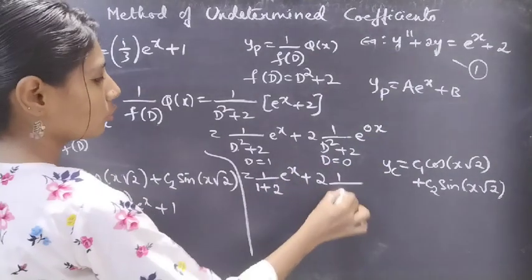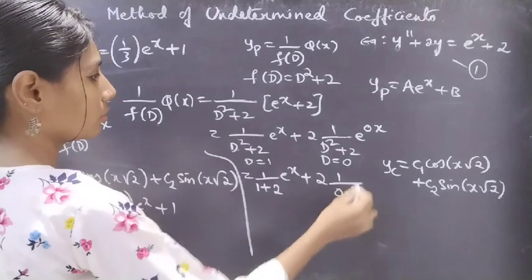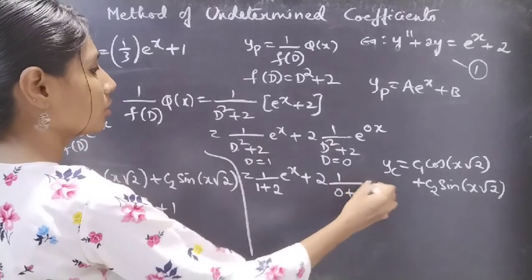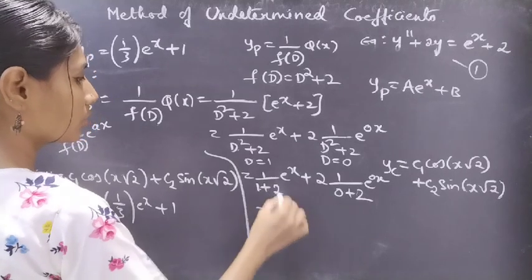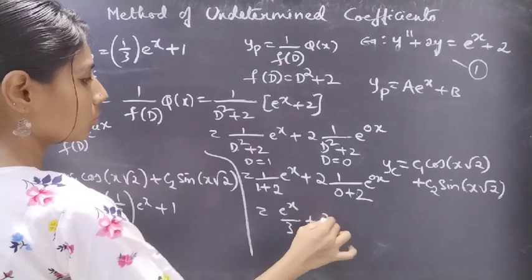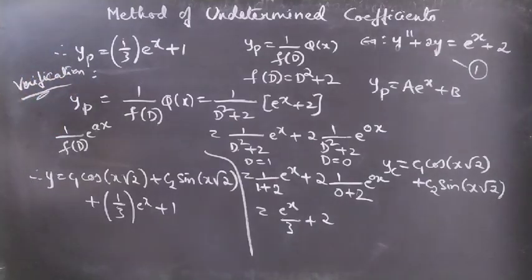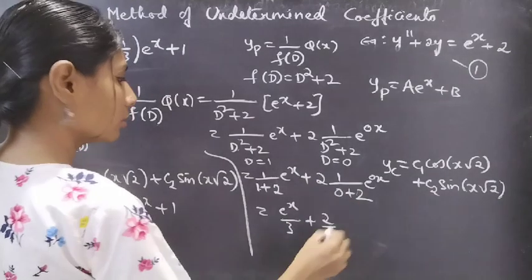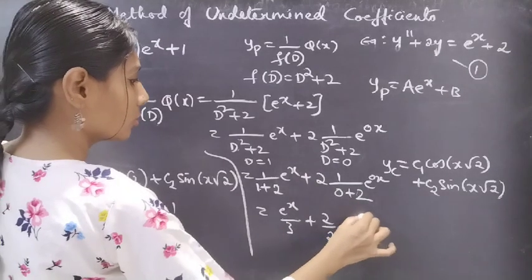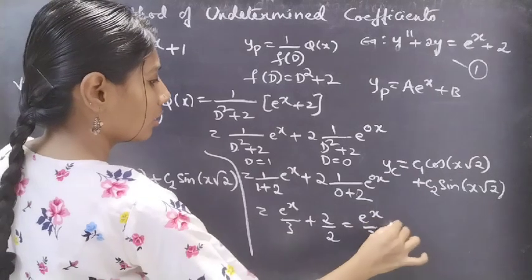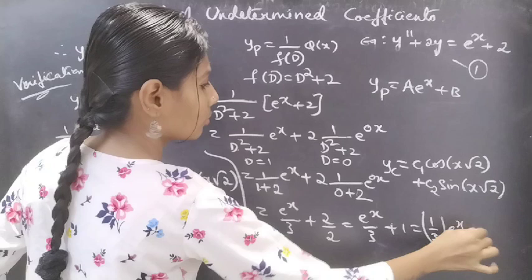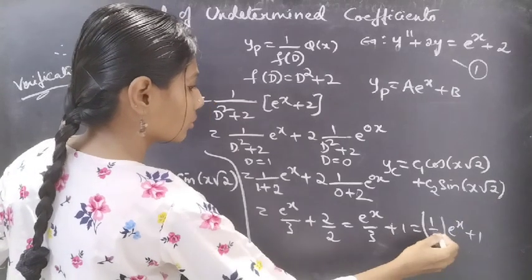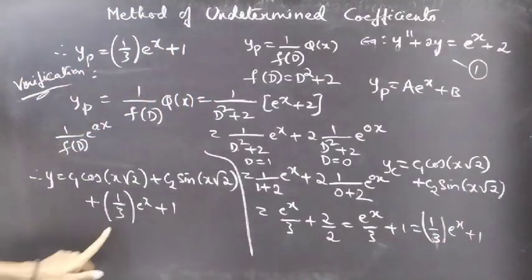We'll get 0 plus 2, it's 2, right? So 2 into e power 0x, which gives us e power x by 3 plus 2 into e power 0x, where e power 0x is 1, which gives us e power x by 3 plus 1, or 1 by 3 into e power x plus 1. See, we got the same thing.